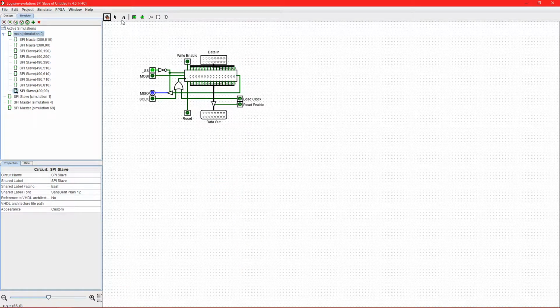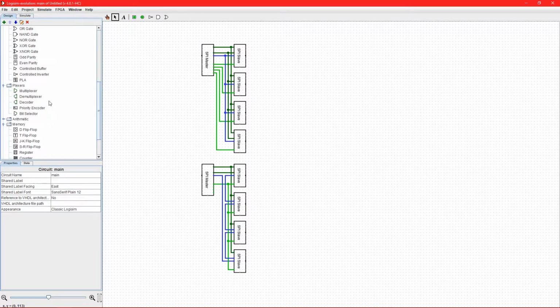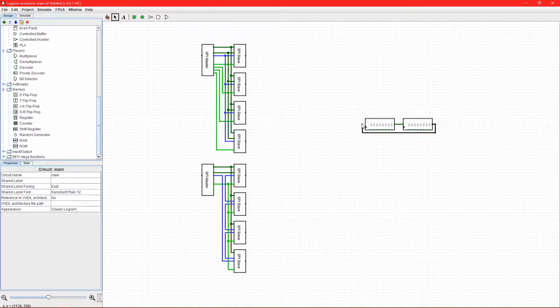Now for each SPI slave, we again have a shift register. And one thing you might have noticed is that the shift registers sort of loop around. So if I were to go here, take a couple of shift registers, they loop around like this.